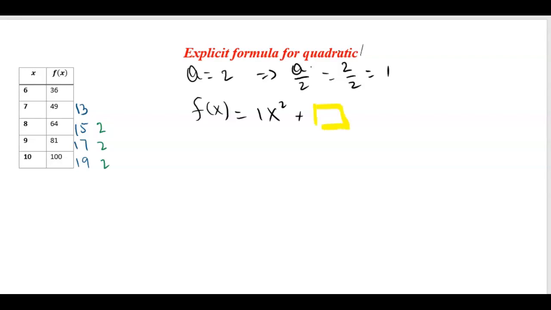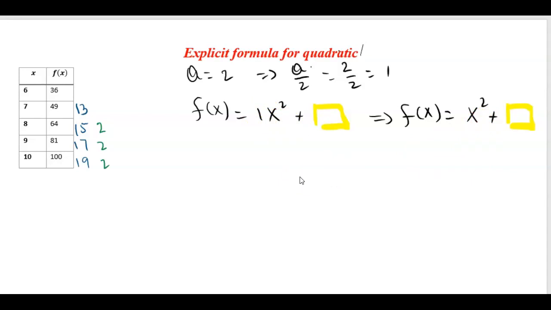Now 1x squared is the same thing as saying f of x equals x squared plus something, because 1 is neutral. Since 1 is neutral, 1 times x squared is simply x squared.